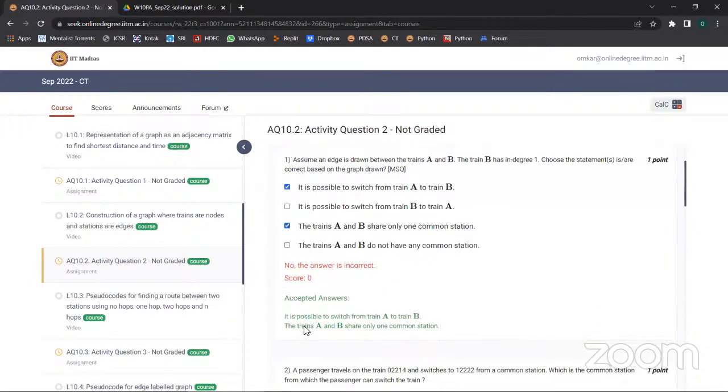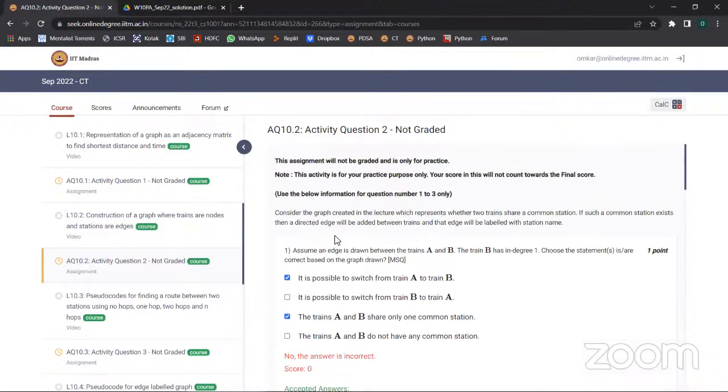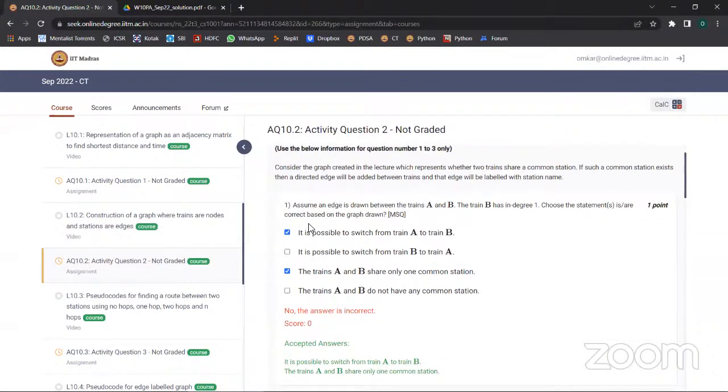So according to the portal, these are the correct answers. What is your take on this? Sir, option C is not correct, sir. Okay, so according to you, this third option is not correct, right? Yes, sir. Okay, let's see what the scenario is here. Consider the graph created in the lecture which represents whether 2 trains share a common station.